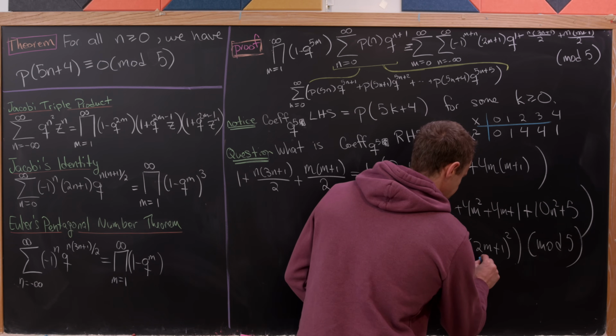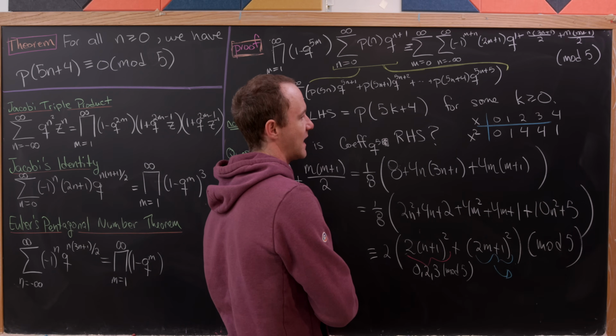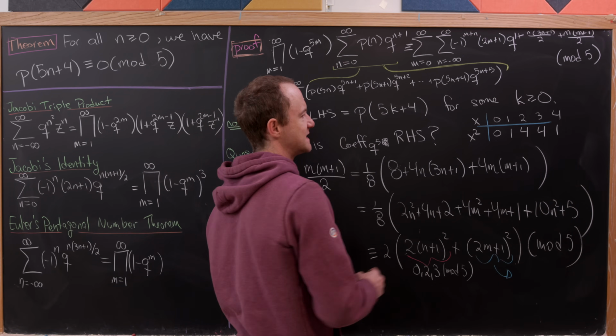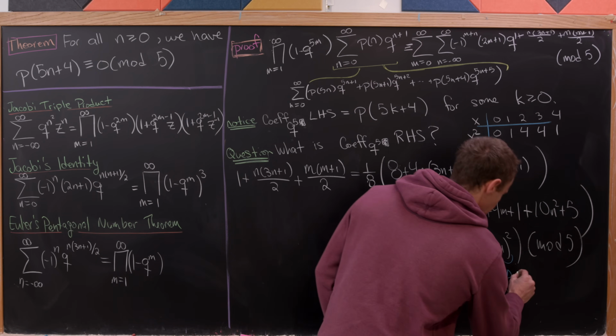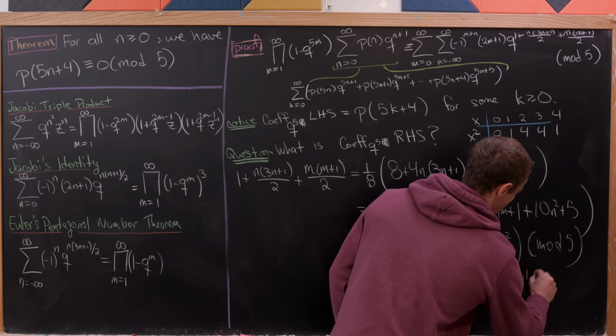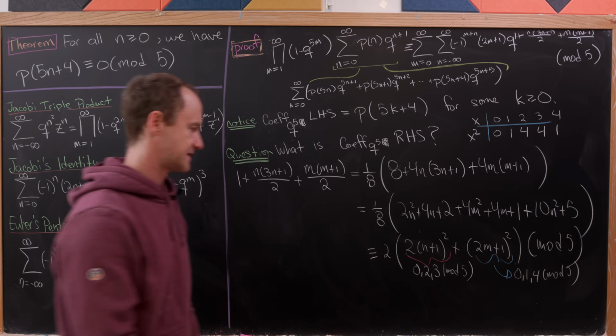But then let's look at this one right here. That's just a perfect square of an odd number mod 5. But let's observe that taking perfect squares of odd numbers mod 5 will actually allow us to achieve any of those. 0, 1, or 4 mod 5. Okay, nice.